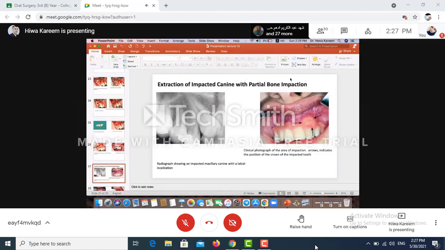This was for a fully bone-covered tooth. Now, partially bone covered. In the intraoral view, you can feel the crown of the impacted tooth like this.